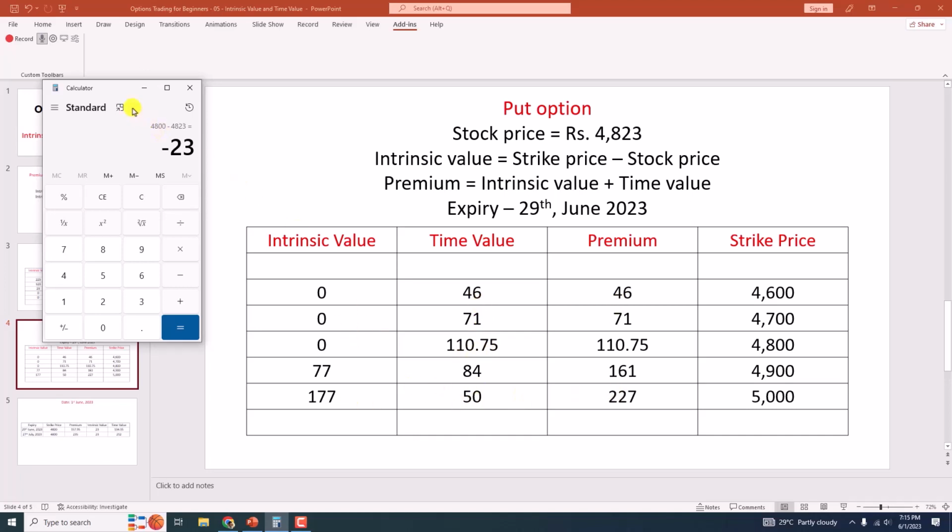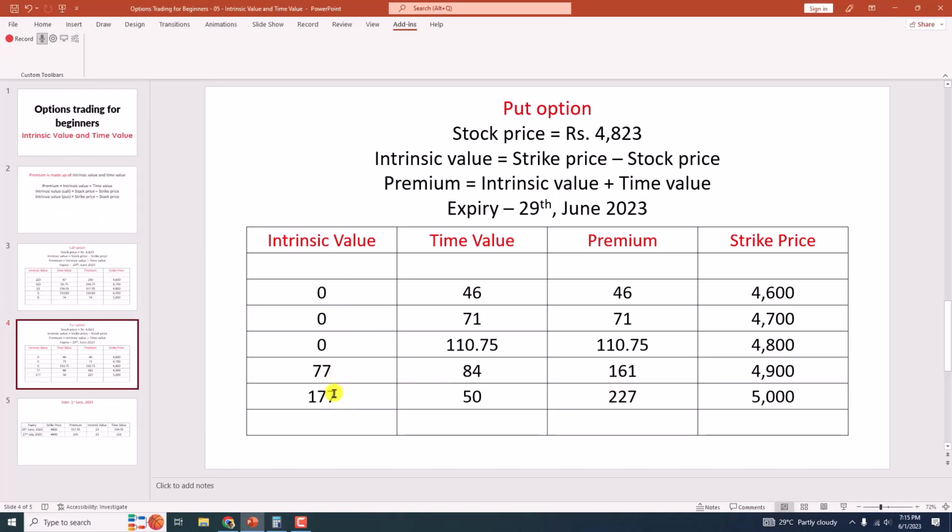Now let us try to understand the concept of intrinsic value for put option. When do we buy put option? When we believe that the price will go down. Correct?